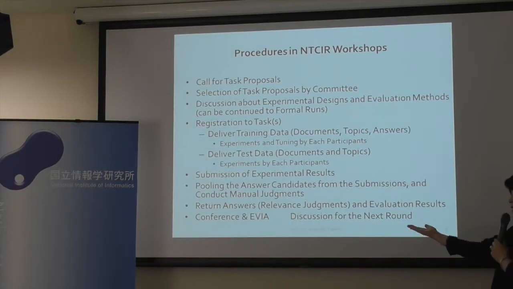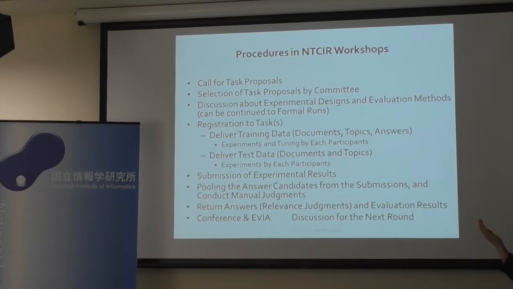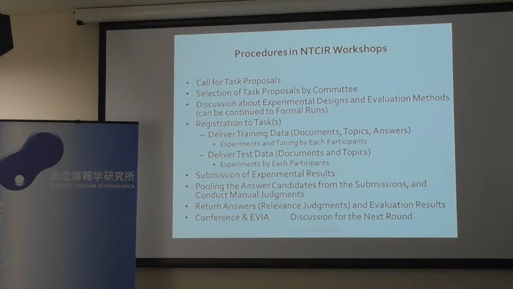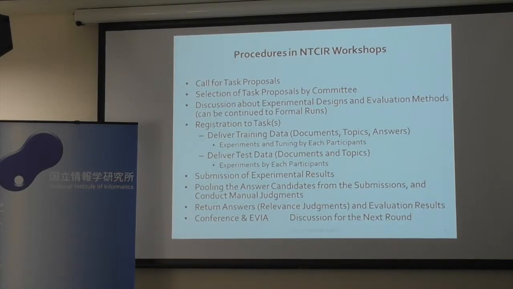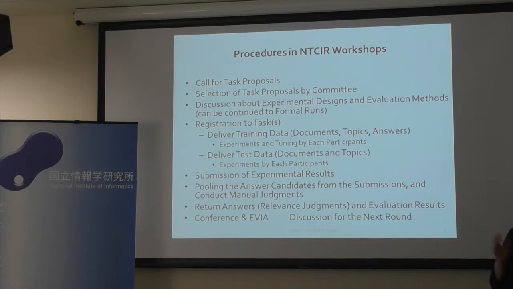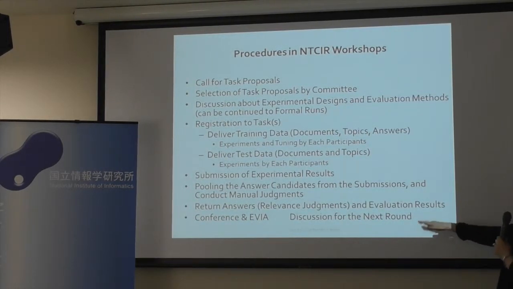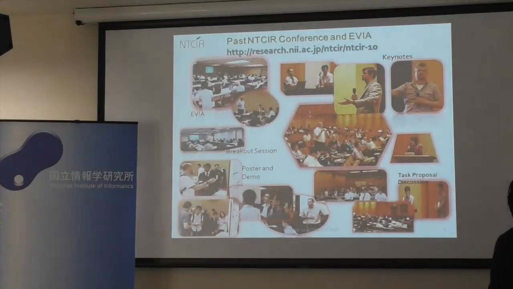Then we have the conference, and also a workshop called EVIA, the International Workshop on Evaluating Information Access. This is co-located with the NTCIR conference. It's an ordinary refereed international workshop on evaluation methodology. Then we discuss the next round, and in this way we run the process continuously.